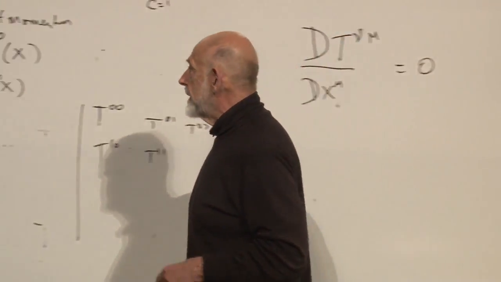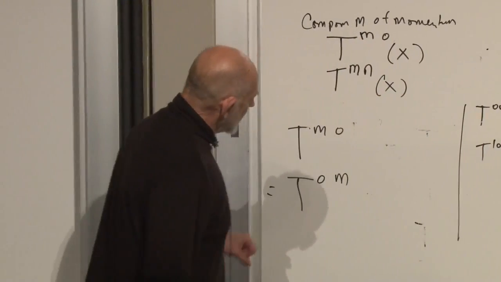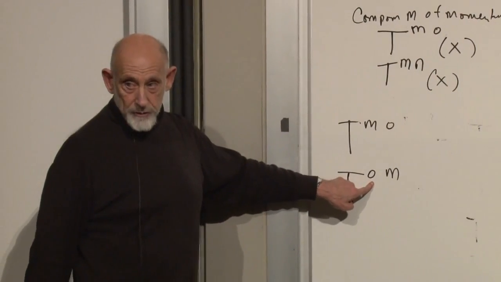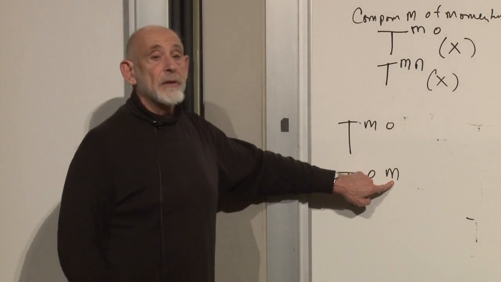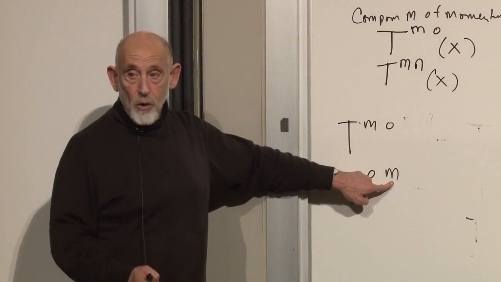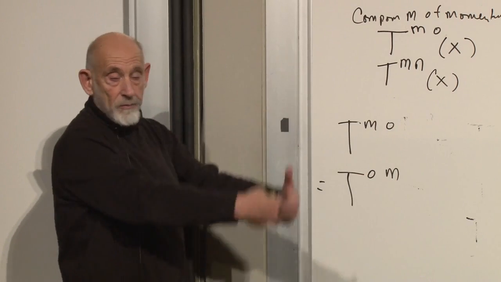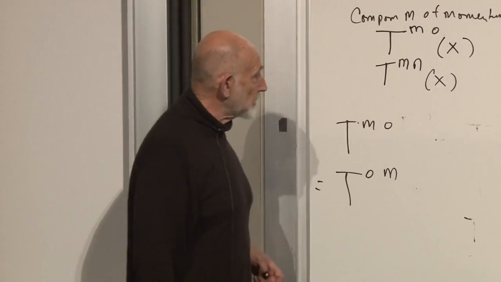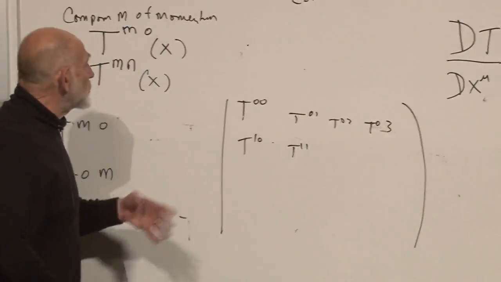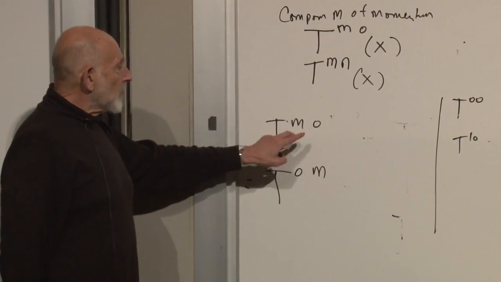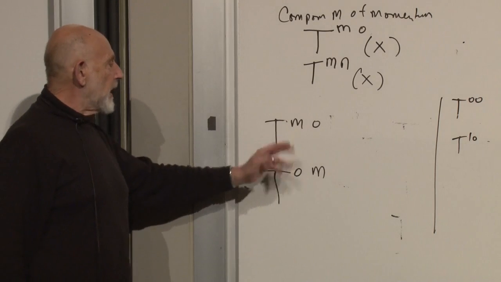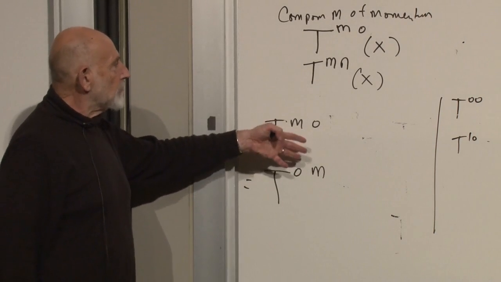Same here. T naught tells us we're talking about energy. This m tells us we're talking about the flow of it along the axis m. How much of it is flowing out through a window oriented along the m-axis. But fortunately, we don't have to remember, T naught m and T m naught, they're equal.